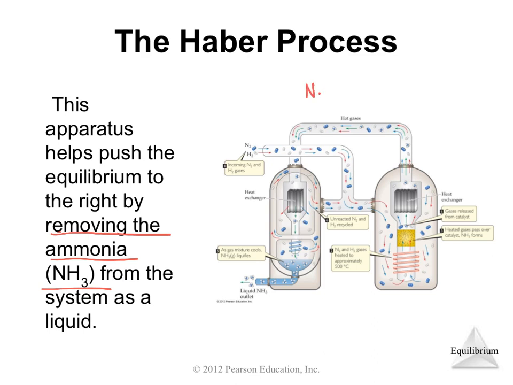So if we've got our N2 and our H2 and we're at equilibrium, but we want to make more of this NH3, if we remove product, the system wants to work to fill back in that blank. And so what happens is, again, the equilibrium is shifted towards the right to fill back in that product that was taken out of the system.